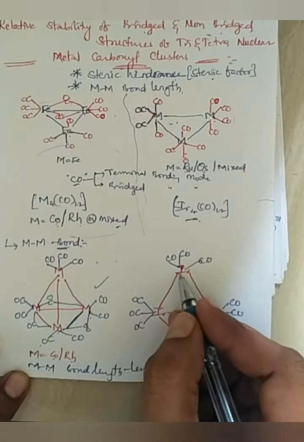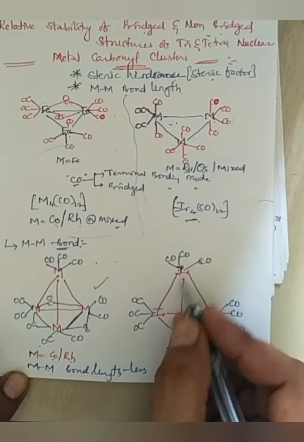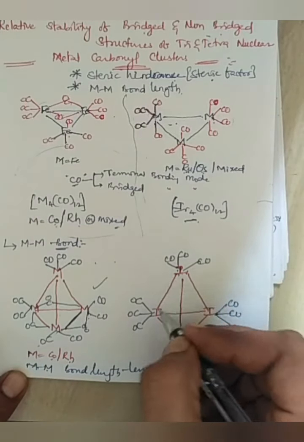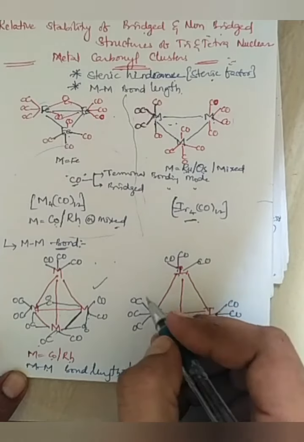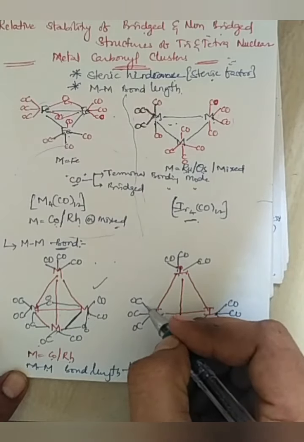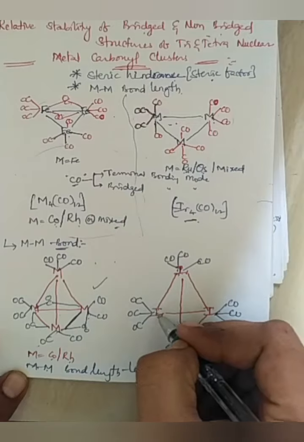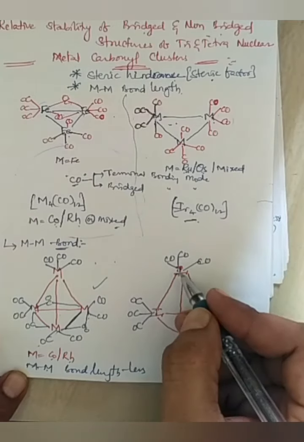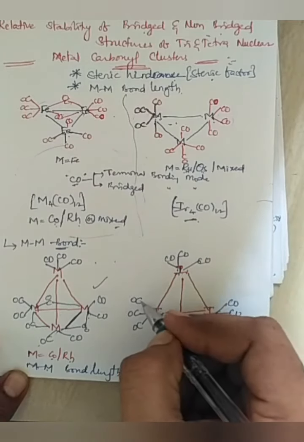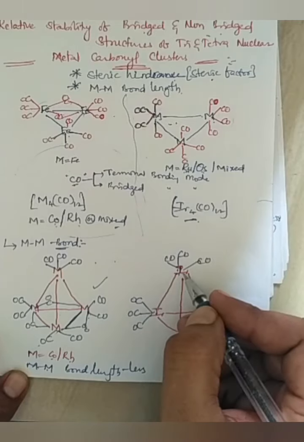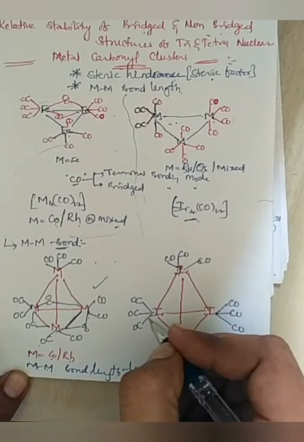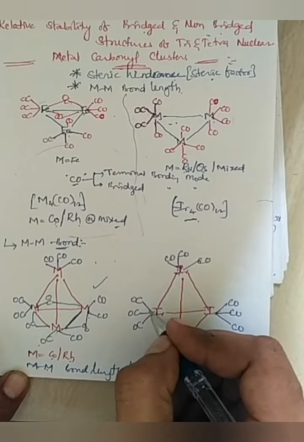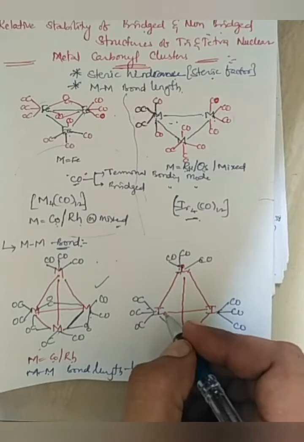When the metal to metal bond length is very much larger, the carbonyl of one iridium cannot reach the other iridium. So the carbonyl is restricted to one metal atom only, and it exhibits terminal bonding only.